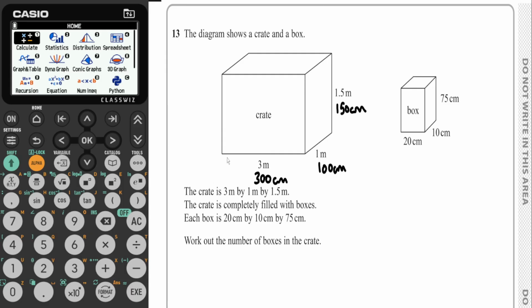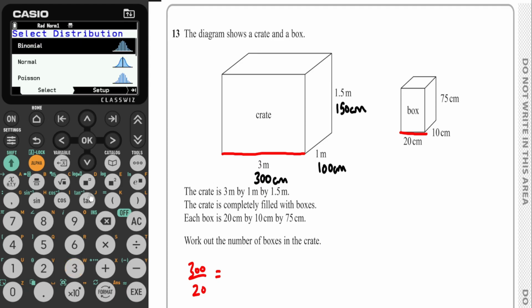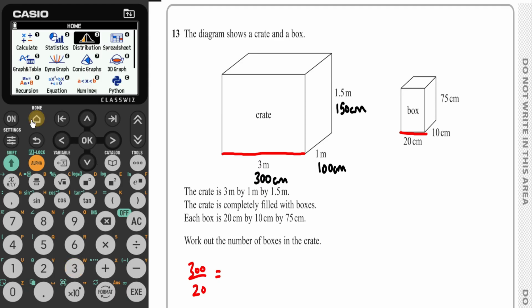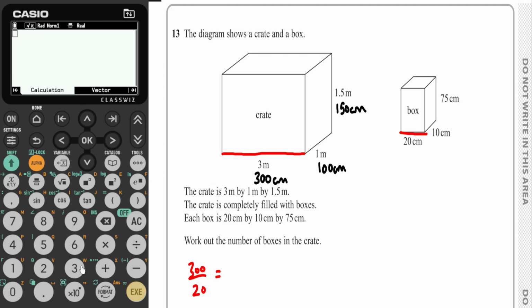Now for the length, we can find out how many 20 centimeters go into 300 centimeters. So if I do 300 divided by 20, that's equal to 15.